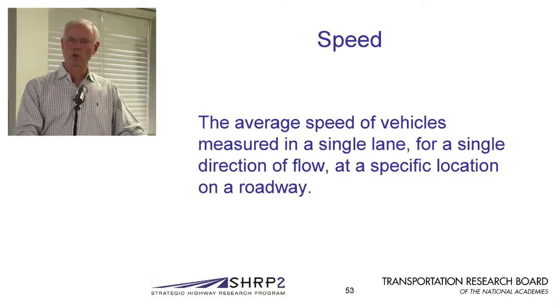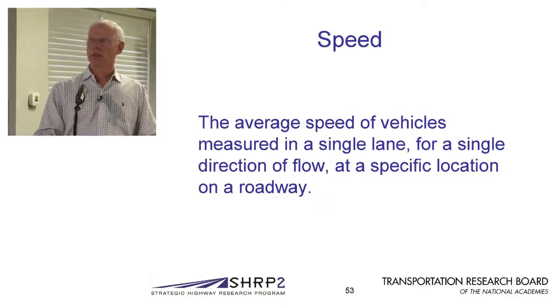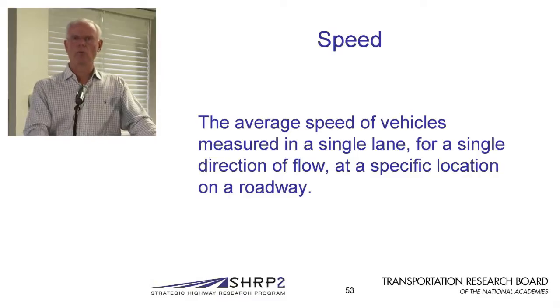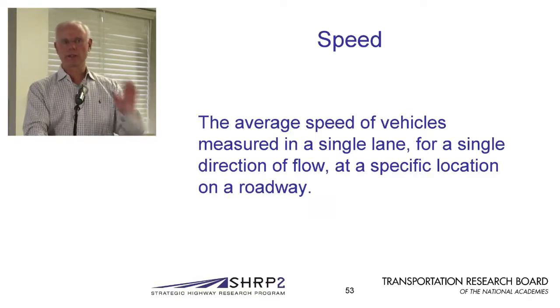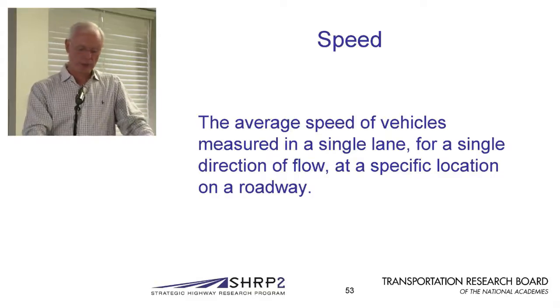Speed is important. We have traditionally looked at speed through point detection of some sort. When we do that, we're looking at what we call point mean speed, or maybe you've heard it referred to as space mean speed. We're basically looking at, as a vehicle passes that point, what's the average speed of all the vehicles that pass that point over some period of time.